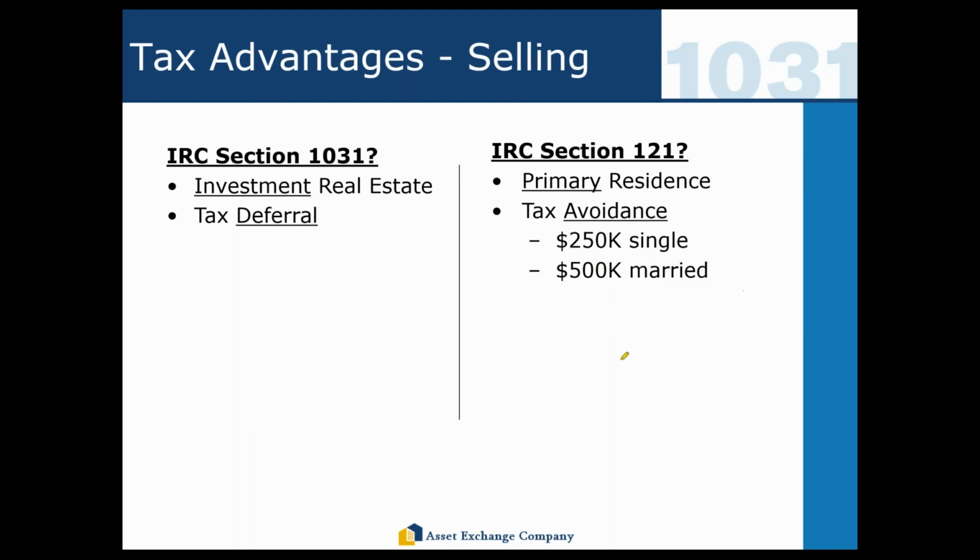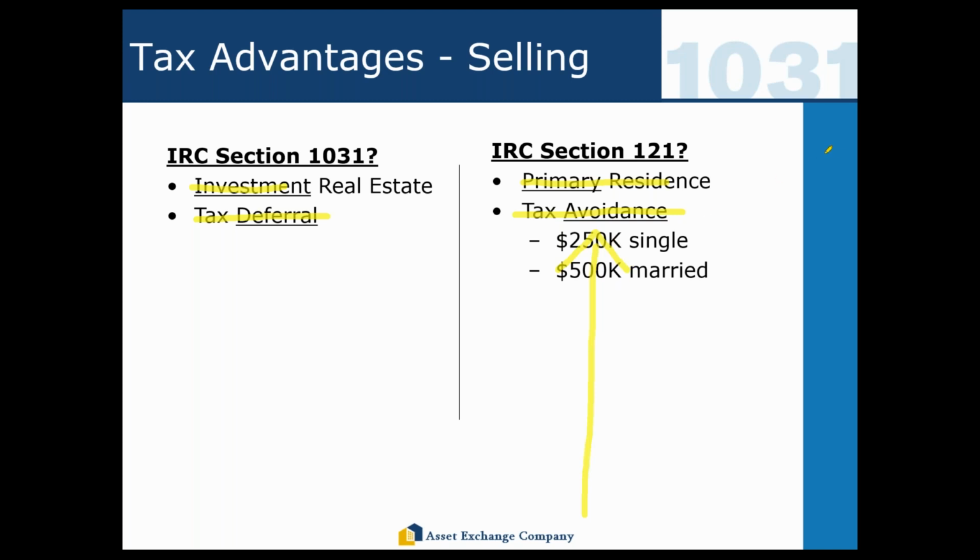Now, very important, ladies and gentlemen, as I mentioned, Section 1031 for your investment property, Section 121 for your home. Section 1031 is tax deferral. Section 121 is tax avoidance. Now, is it better to avoid paying taxes or defer paying taxes? It is always better to avoid, right? Avoiding taxes means you just don't have to pay them.